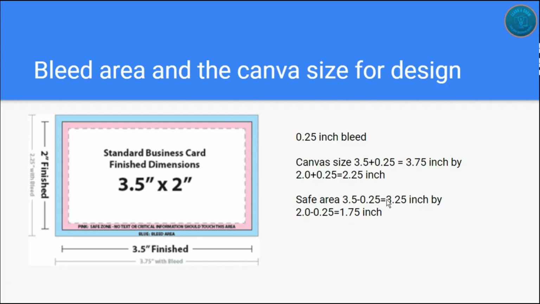So the final safe area will be 3.5 minus 0.25 inches, which will be 3.25 inches, by 2.0, the height, minus 0.25, that will be 1.75 inches. So the safe area size is 3.25 by 1.75 inches.